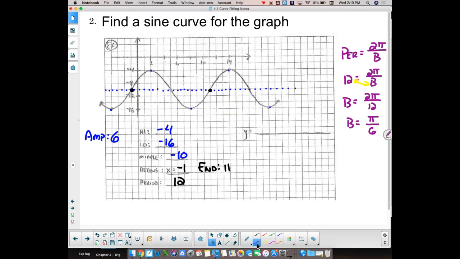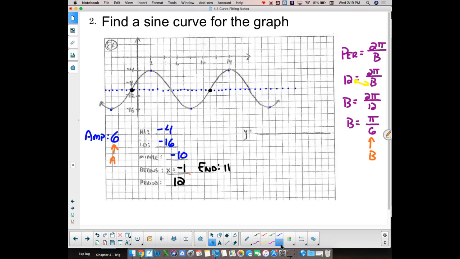Now, we're making a sine curve, so I need A. Have we found A? What is it? 6. It's the amplitude. We need B. Have we found B? Pi over 6. We found it over here. C. We need C. Have we found it? -1.